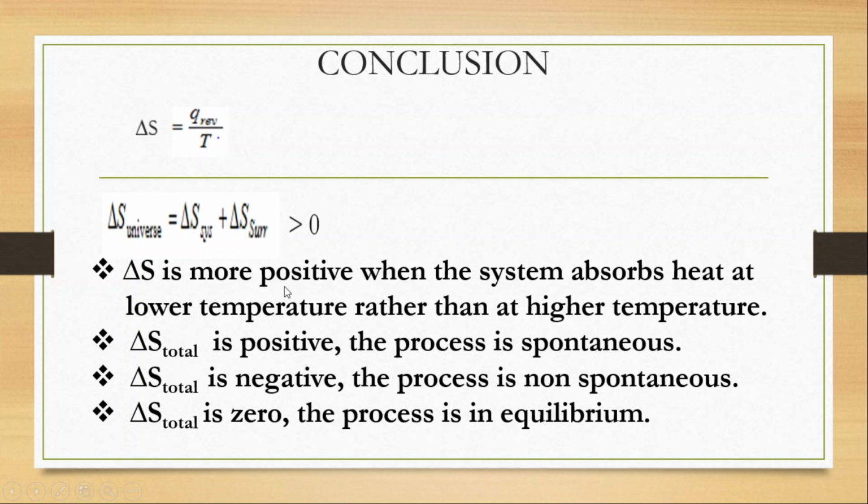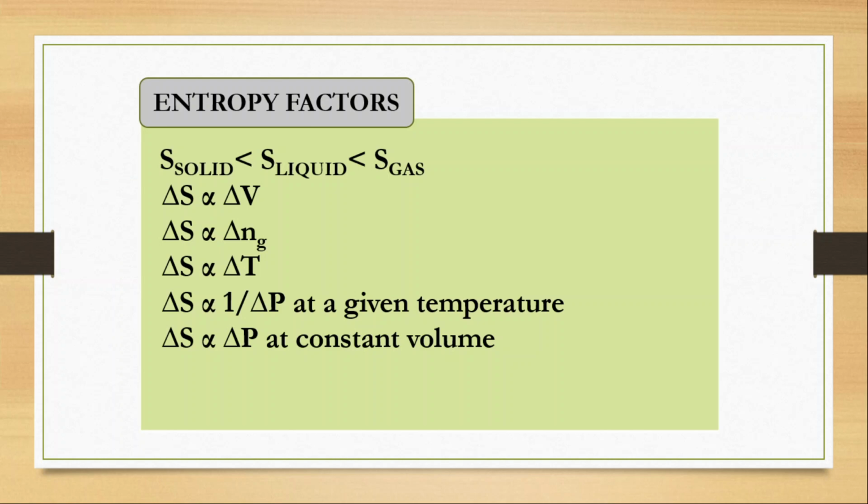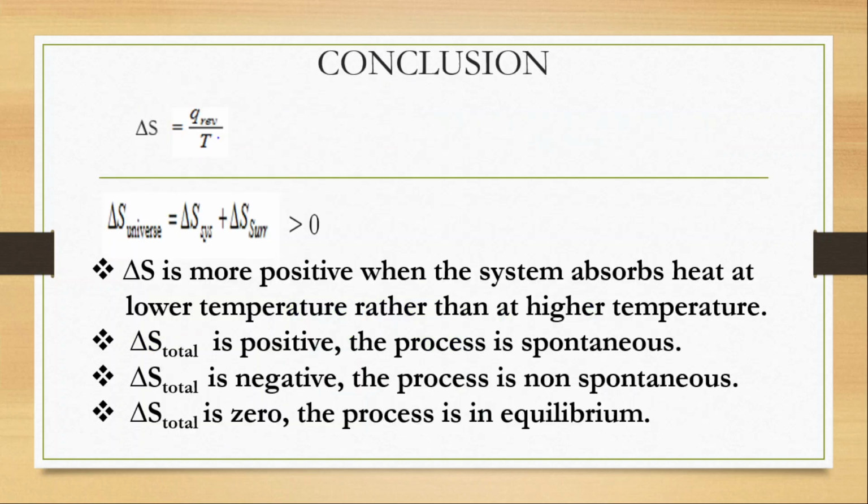And one more point: delta S is more positive when the system absorbs heat at lower temperature rather than at higher temperature. So if the system is at lower temperature and you provide heat to it, delta S will be more than for a system at higher temperature if the same amount of heat is provided.